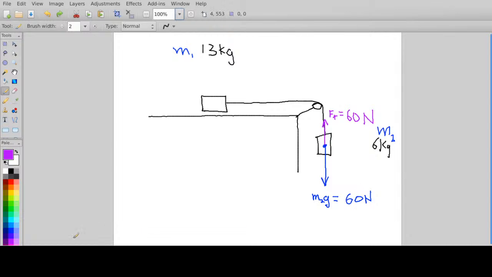We've got the free body diagram for the 6 kilogram. Let's take a look at the 13 kilogram. So it has a force of gravity down. This one's mg, but m is now m1g, okay? And that's going to equal 13 times 10, so I'm just going to write that down, 130 newtons. And there we go. There's the force of gravity. There is the normal force up, like this.